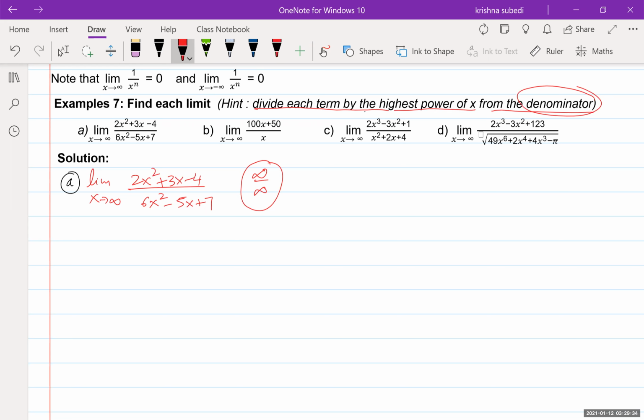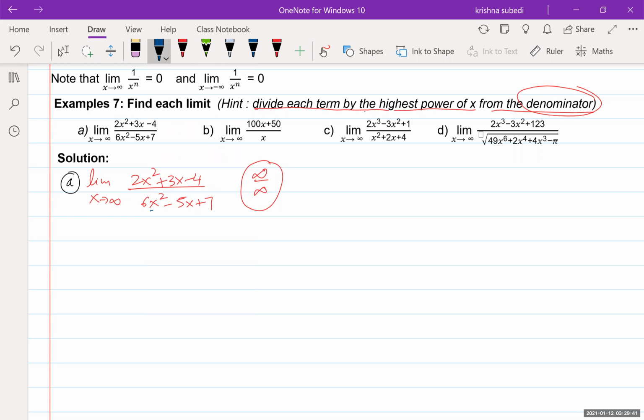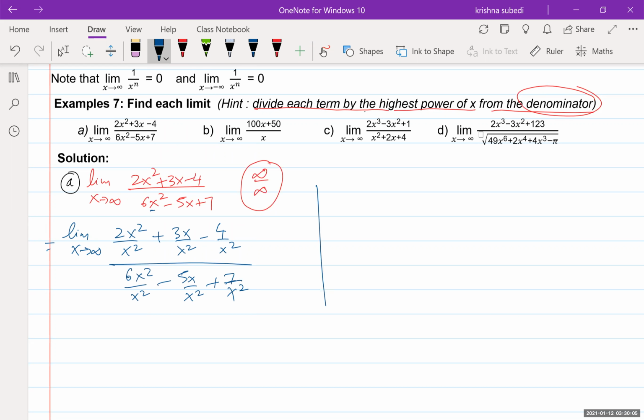So figure out what is the highest power in the denominator. That is x squared. So you divide everything by x squared, okay? Limit x tends to infinity, 2x squared over x squared plus 3x over x squared minus 4 over x squared, over 6x squared over x squared and so on. Now the question is, can we do that? Suppose you have 5 over 7.